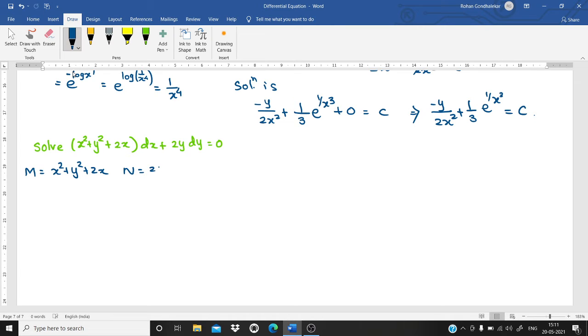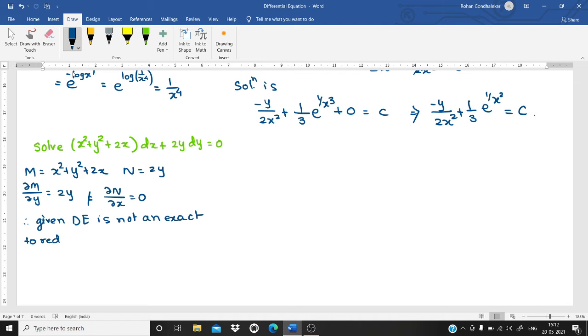What is N? 2y. What is ∂M/∂y? ∂M/∂y is equal to 2y and ∂N/∂x equals 0. So the question comes, are they equal? No. Therefore the given differential equation is not exact.